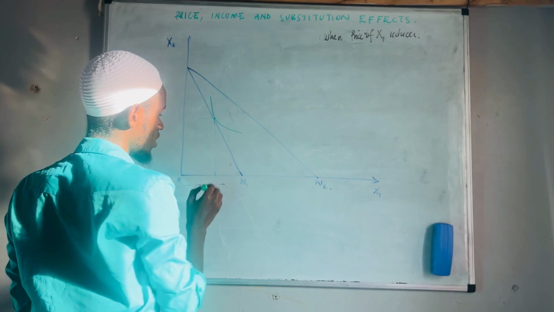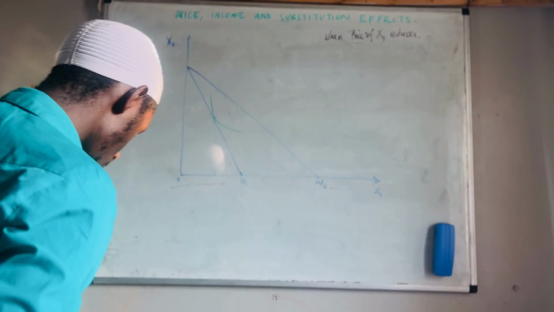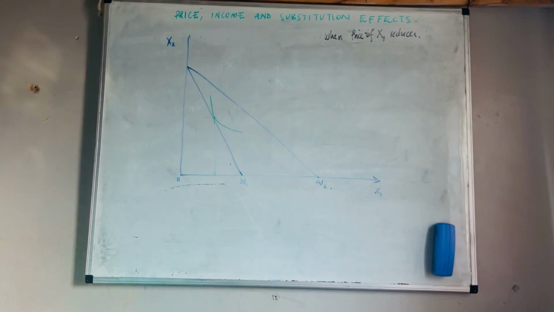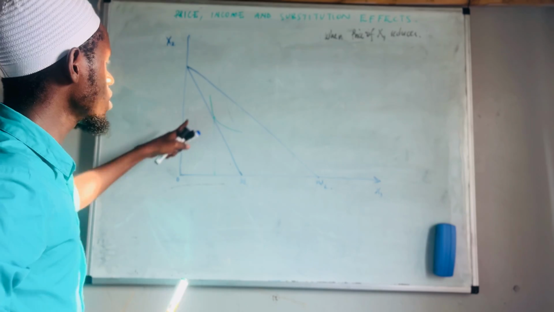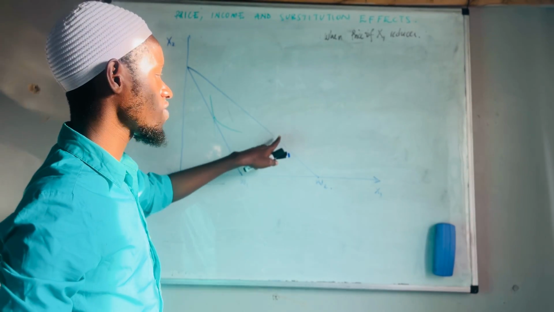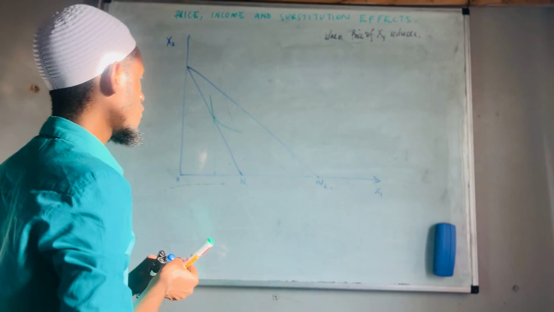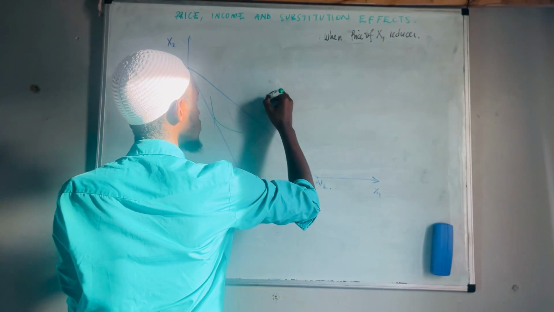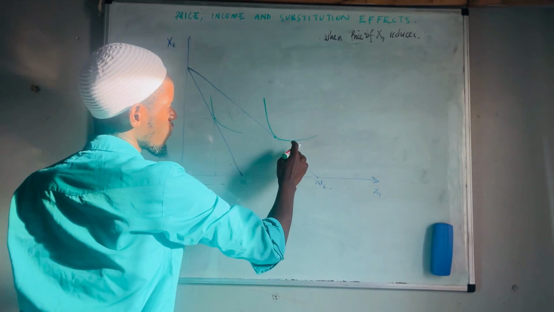But now, since the price of commodity X1 has changed, what will happen to me is that I will be having more income with me, so that I can go to a higher indifference curve and a higher budget line, since there is an increase in income. Therefore, I just need to move outwards to this new budget line, from my old indifference curve to the new one.